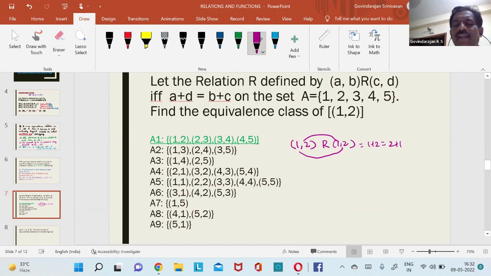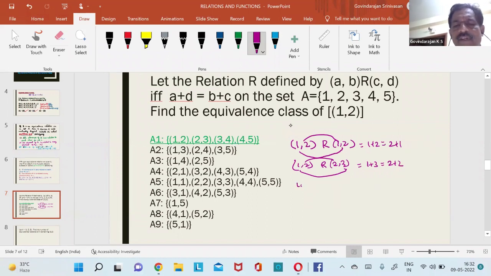Another element: (1, 2) is related to (2, 3), because 1 plus 3, which is 4, is equal to 2 plus 2. So (2, 3) is also related to (1, 2).